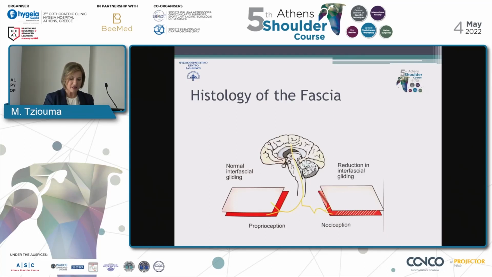In such cases, the amortizing mechanism of the fascia or the nerve endings is lost, causing a paradoxical activation of nerve receptors within the fascia, resulting in the propagation of nociceptive signals, even in situations of normal physiological stretch. So if the fascia is not gliding, the signals that go to the central nervous system are not physiological, even in a normal movement.